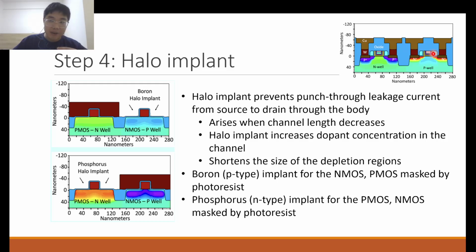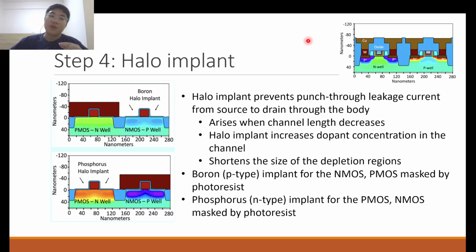And when they overlap, there is a tendency of a punch-through leakage current happening between the source and the drain, even when the device is in the off state, that means when the gate voltage is lower than the threshold voltage. We want to avoid that because it degrades the device performance. There's current flowing through when the device is supposed to be in the off state. That is not desired.